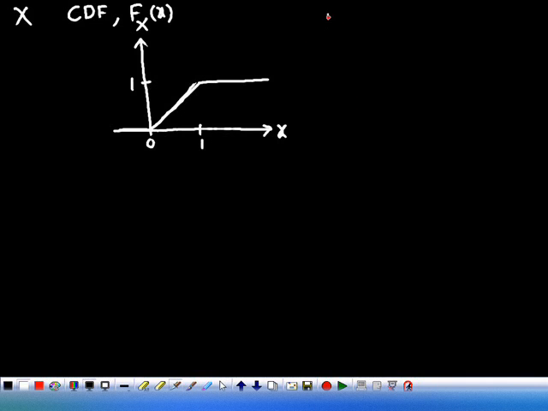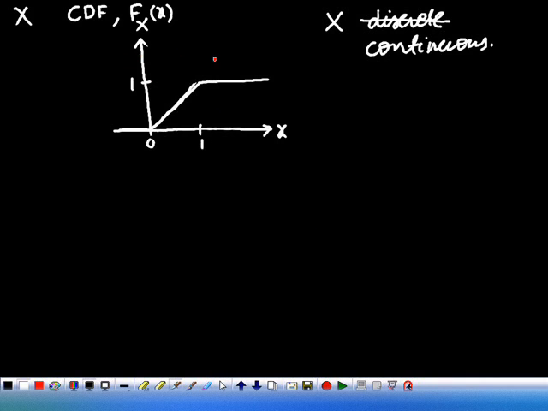I told you that this is a discrete random variable, but it is not discrete. It is a continuous random variable. Why? In case of a discrete random variable, as we already saw, the CDF has abrupt discontinuities at different values of x.